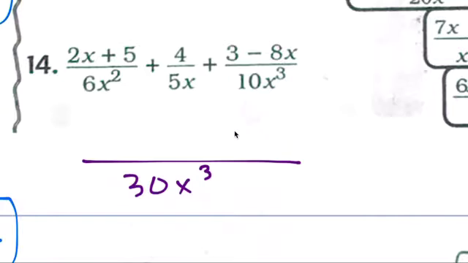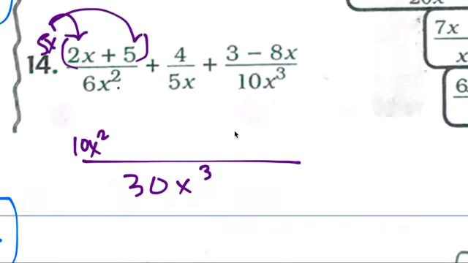Okay, so to make this x cubed, you need to multiply this by 5x, right? So you need to multiply this by 5x. You need to do this on a separate sheet of paper, guys. It's just harder for me. But 10, you get 10x squared, and that's 25. Okay.